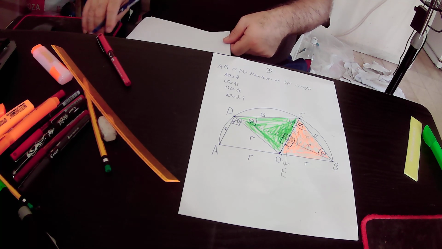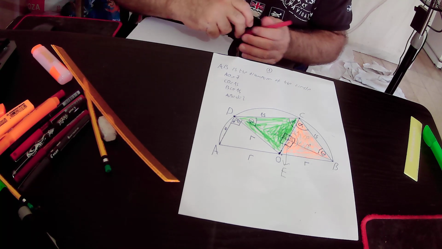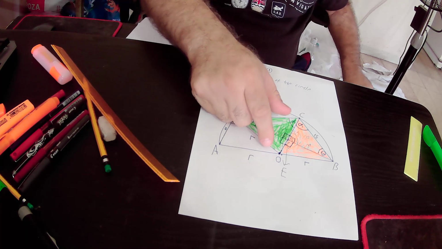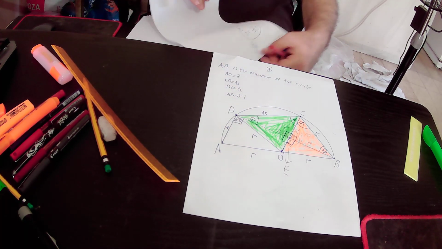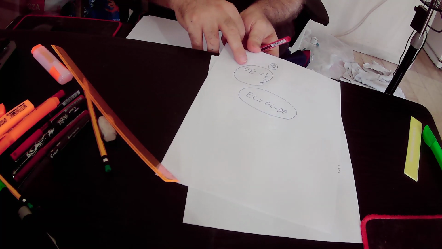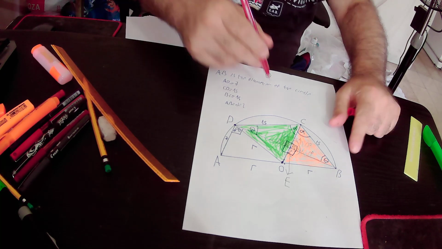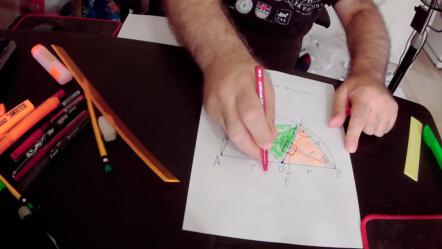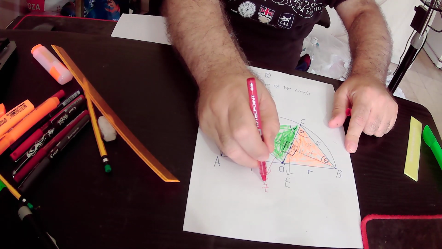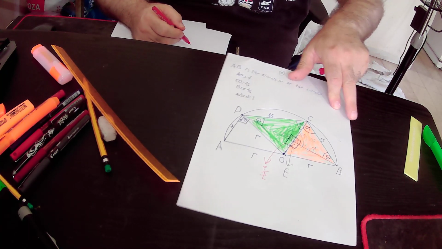We have already found out that OE equals 7/2 units, so I write it here that OE equals 7/2 units.